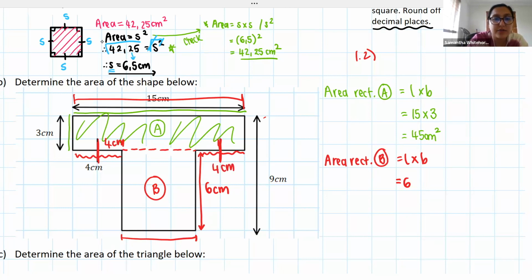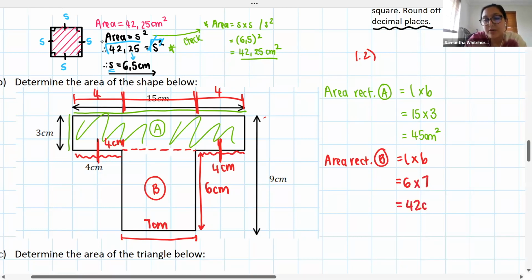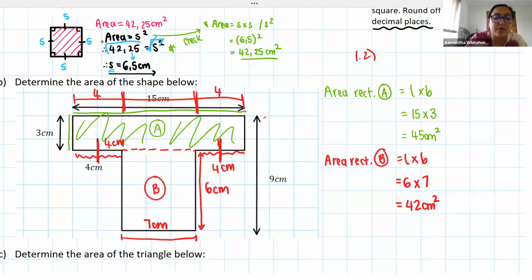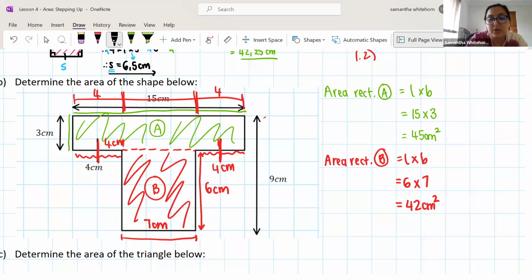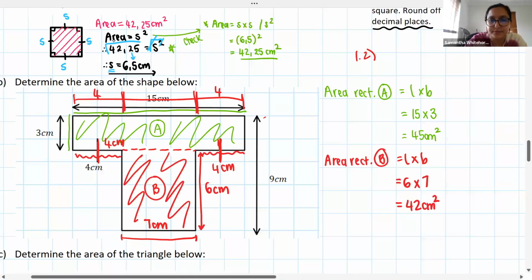So 15 minus the 4 on either side, 15 minus a total of 8 centimeters, is a width of 7 centimeters. My breadth is 7, giving me an area for this bottom rectangle, rectangle B, of 42 centimeters squared.